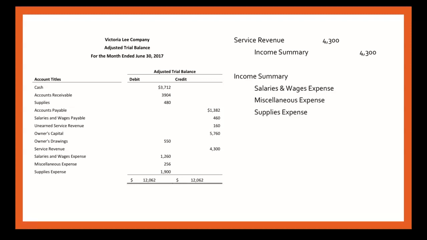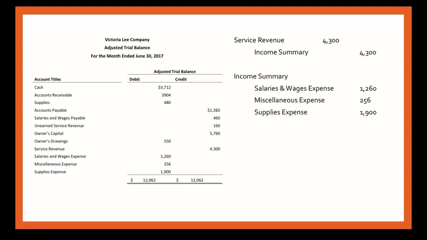So when we close our expenses, we're debiting income summary, crediting our expenses, we need to figure out the amounts, right? So the expenses, we just pull those from our adjusted trial balance. So salaries and wages expense, that was $1,260. Miscellaneous was $256, and supplies expense was $1,900.